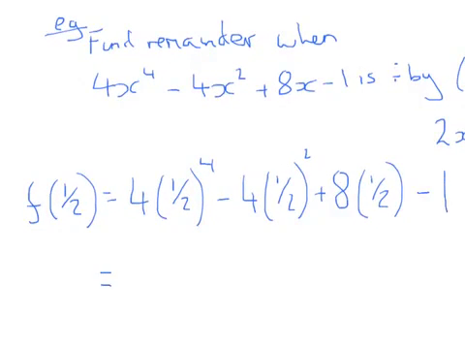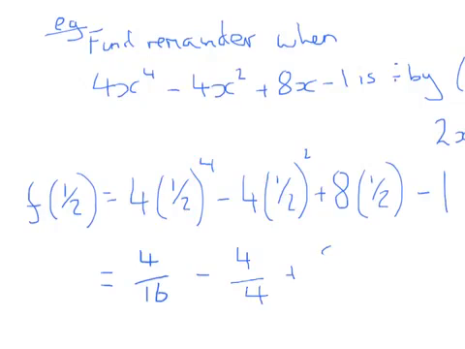So what does this become? Let's think this through. First of all, half to the 4, so 2 to the 4, 2, 4, 8, 16, so it's 4 over 16. Again, remember to do the index first, half squared, so it's 4 over 4, effectively.